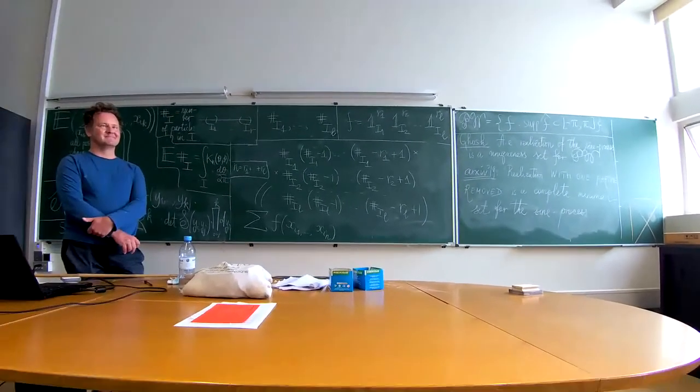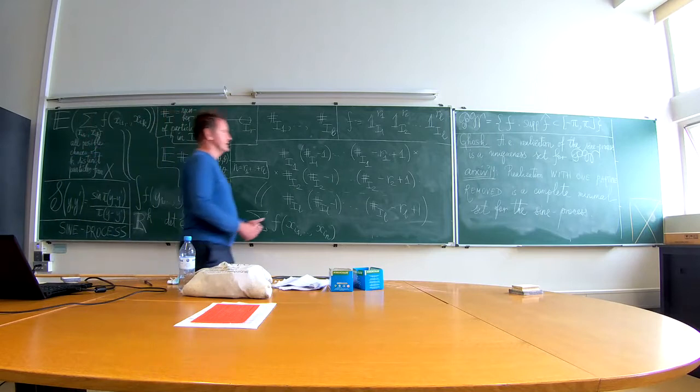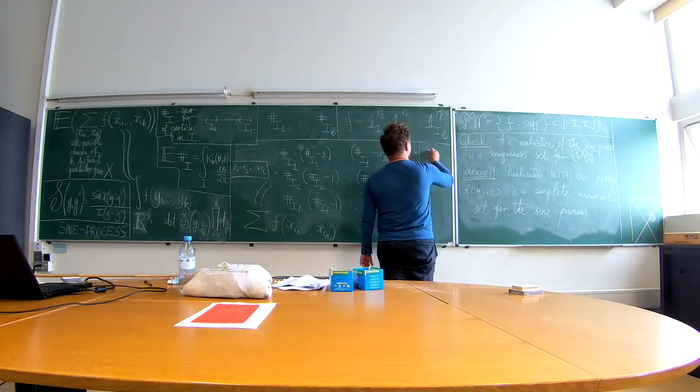I want you to have a clear picture of the meaning of the statement. The first part is clear, but what does uniqueness set mean? It means that if a function in the space is zero in restriction to the set, then it is zero.